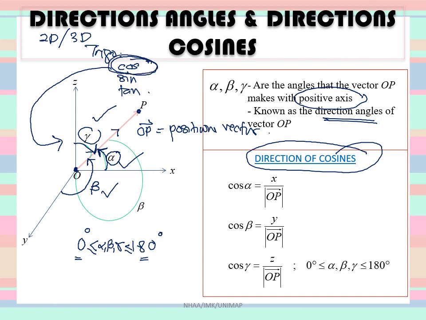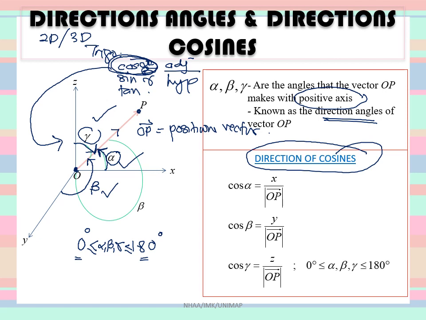When using the cosine term, we need the adjacent and the hypotenuse. Cos is the adjacent over the hypotenuse. For any angle here, alpha, beta, and gamma, cos is always the adjacent over the hypotenuse.